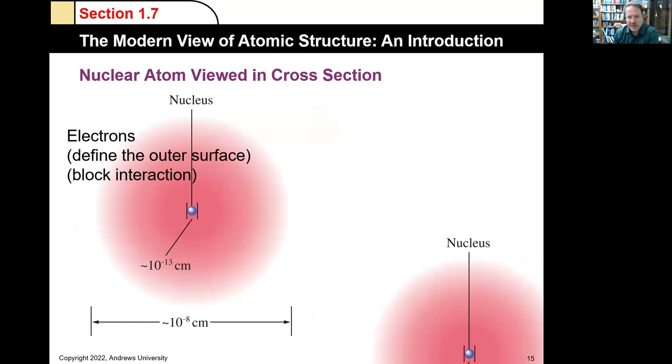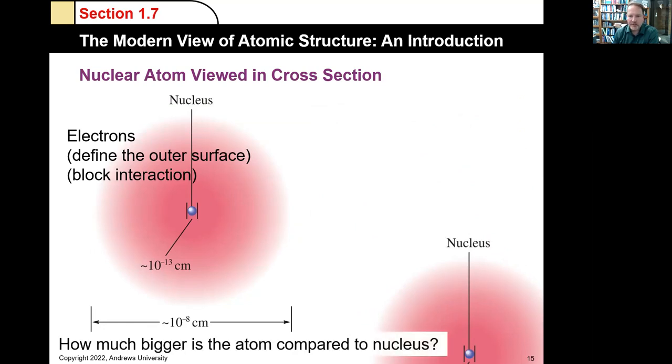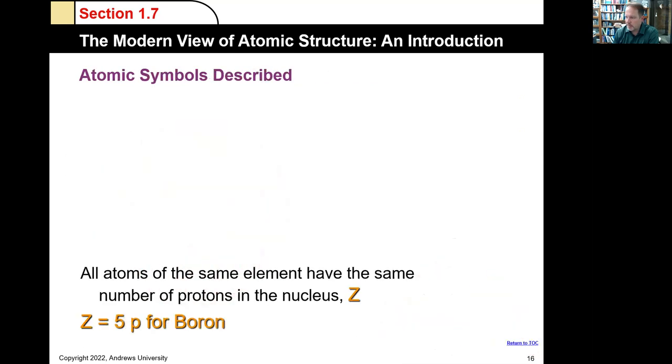So how they exchange with each other or share then becomes the key to understanding their properties. And that's what we're going to get into in chapter 2. How we understand electrons and their arrangement in elements.